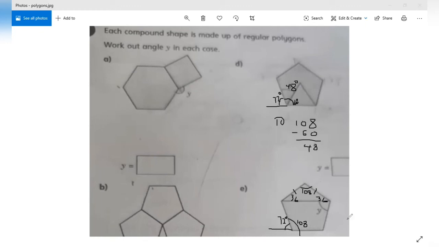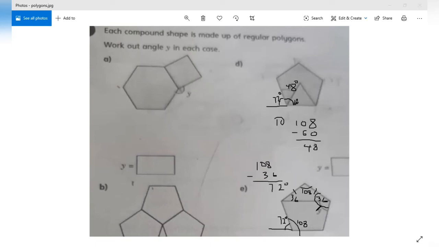All right? But we know that because it's a pentagon, the whole bit here is 108, isn't it? But you already have 36 there. So to get what y is, you do 108, take away 36. So we have E to be 72 degrees.